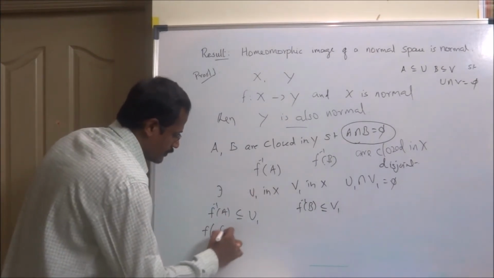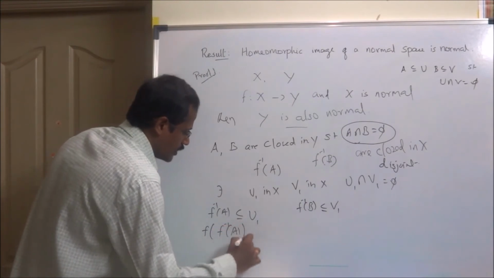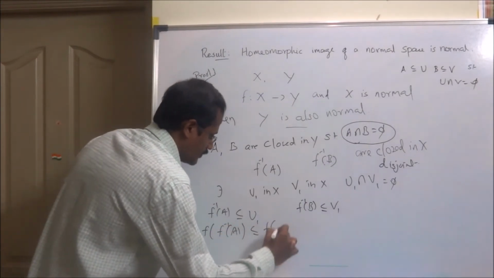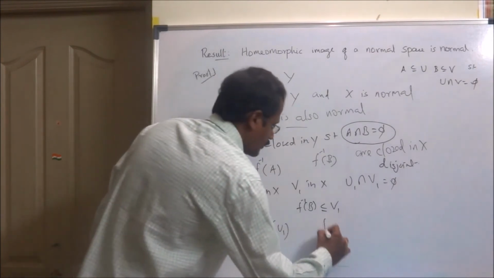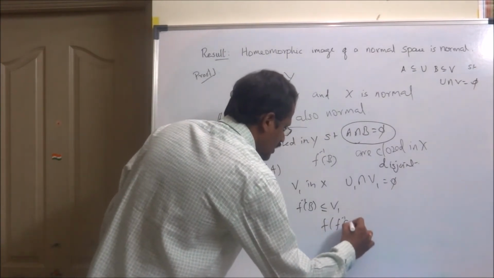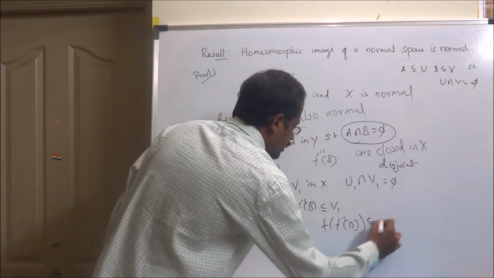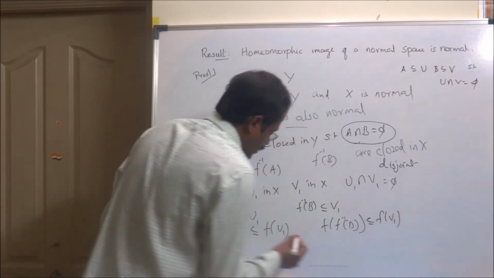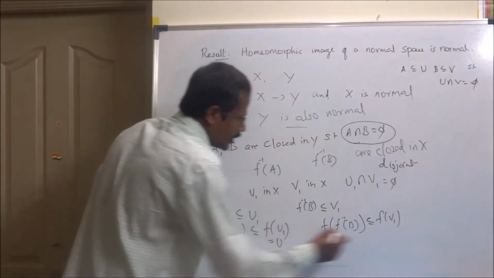F of F inverse of A is contained in F of U1. F of F inverse of B is contained in F of V1. You take this as U, this as V.